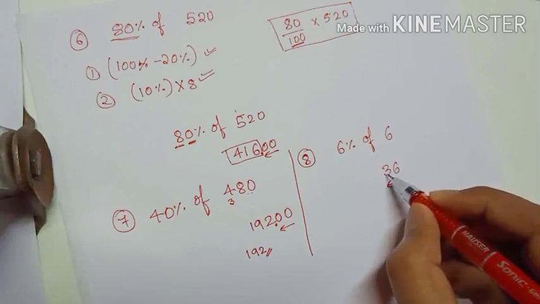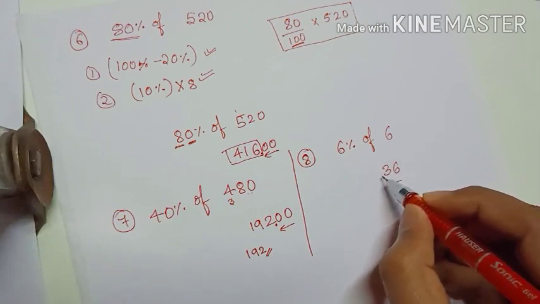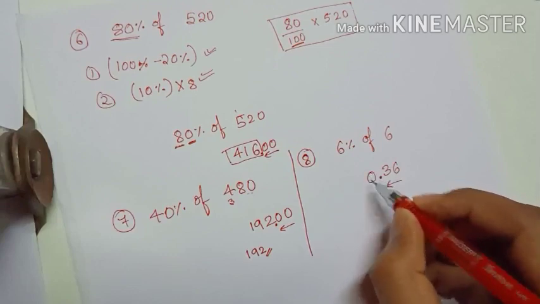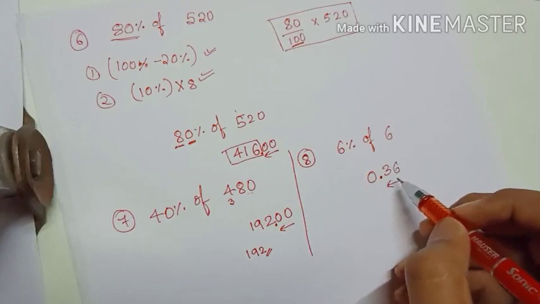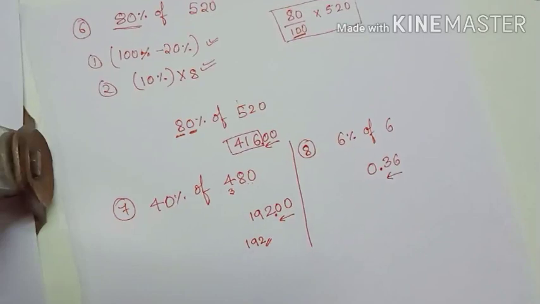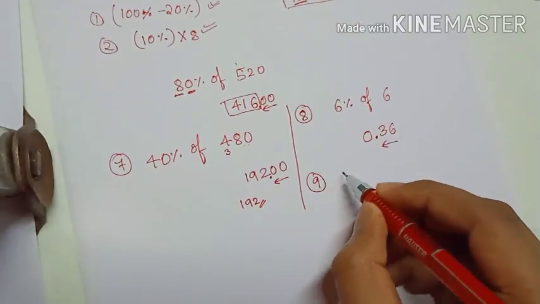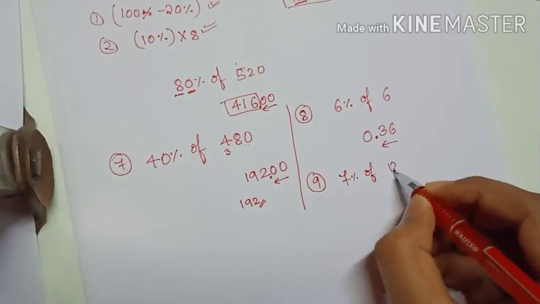So after 2 decimal places from the last means, I left one and a second one. I have to put the point over here. So if there is no number, I have to put 0. So 6% of 6 will be 0.36. See, this is very simple. Direct multiplication. Yes or no? Yes. Good. Very good. Now, if I ask you to find, suppose, 7% of 12.